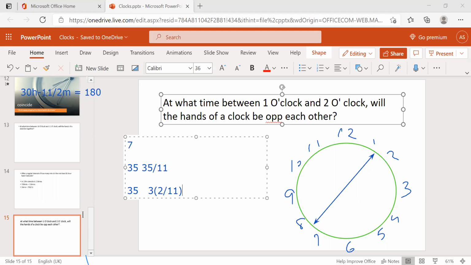So now you just add this 3 to 35, and it becomes 38 2 by 11.